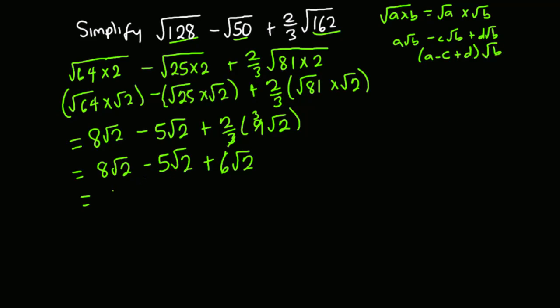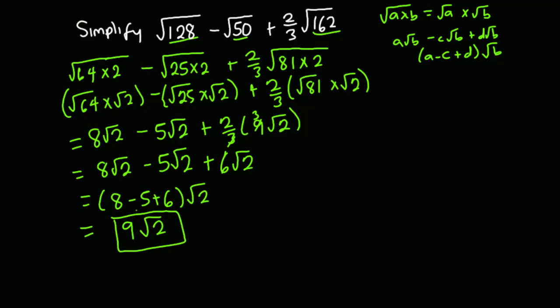So I'm going to get 8 minus 5 plus 6, all root 2, and that gives us 8 minus 5 is 3, plus 6, that'll be 9. So the final answer becomes 9 root 2.